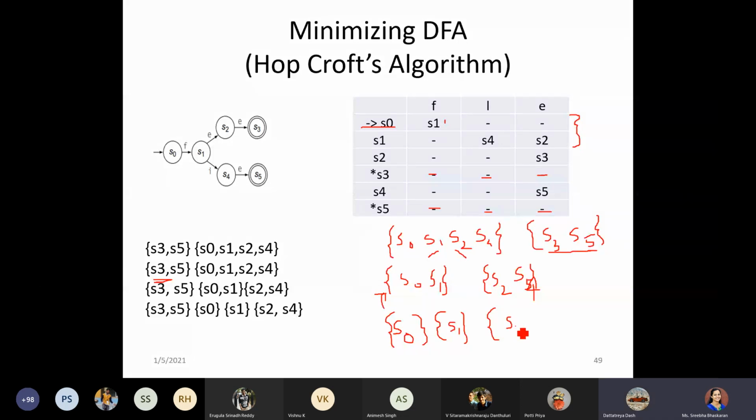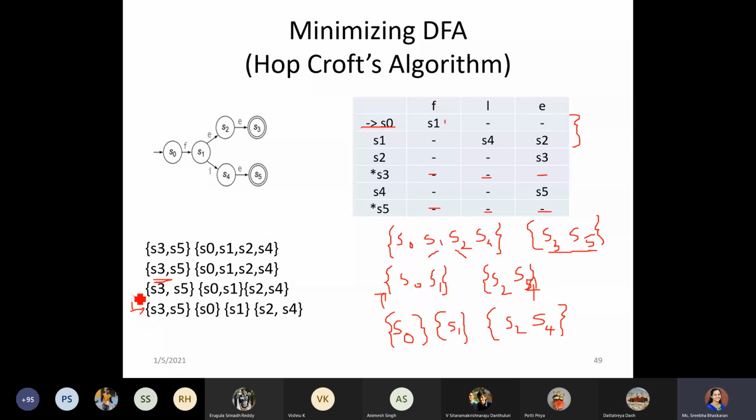Madam, can you again explain why we need to take it together instead of splitting? For which state? For S2 and S4. Because with respect to E transition, we have S3, S5.